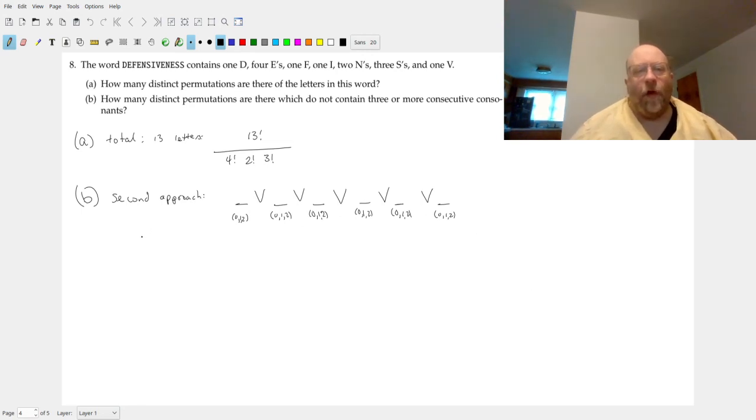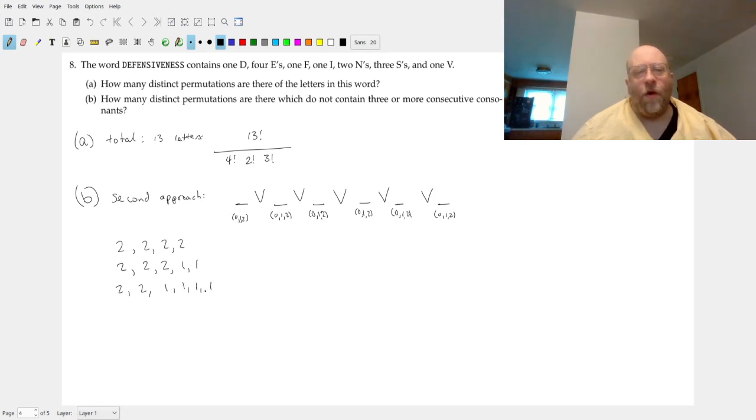So the possibilities are that I could put 2 consonants in 4 of these different spaces, or 2, 4, 6, 7, and 8, or 2, 4, 5, 6, 7, 8.